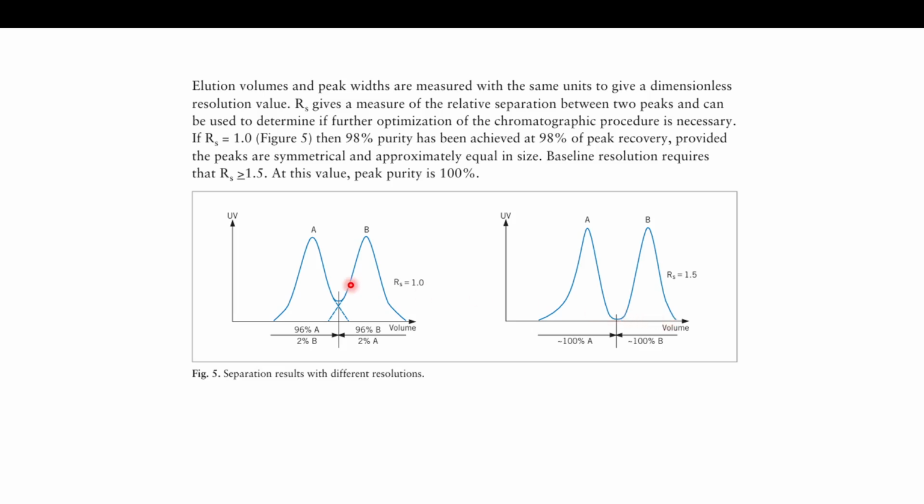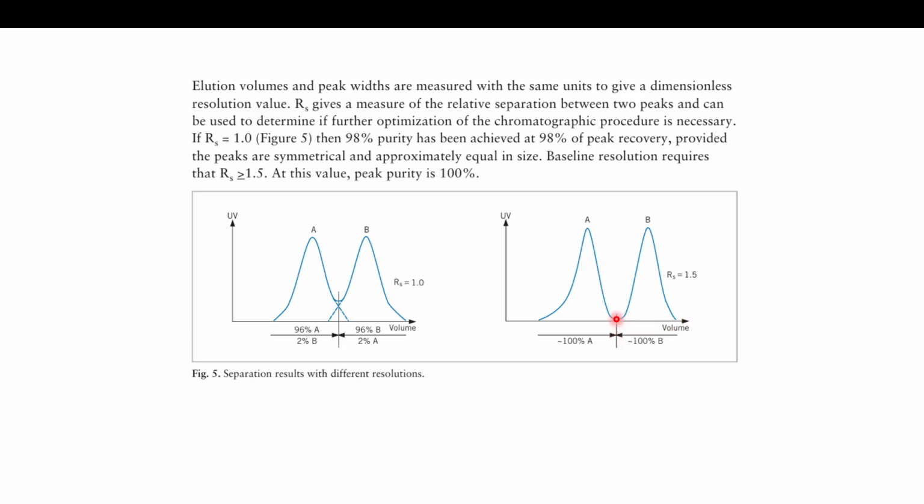Suppose these two peaks have overlapping in this part. The volume that has eluted out in this part will have both A and B, but here it will be extremely small portions of A and B. You will get pure A in the volumes prior to this area and pure B collected after this particular volume mark.